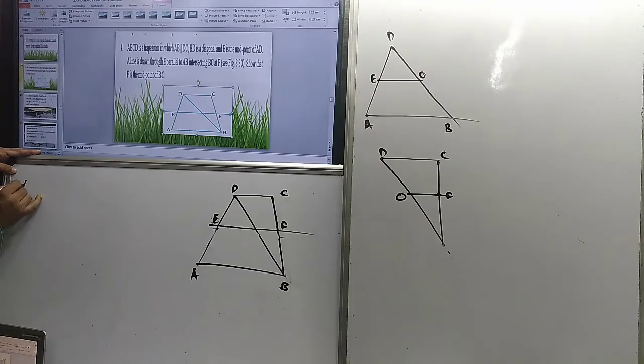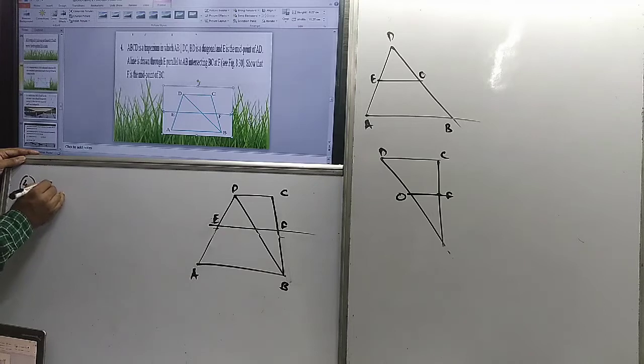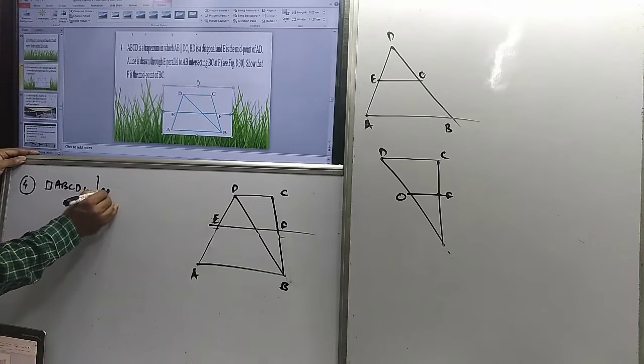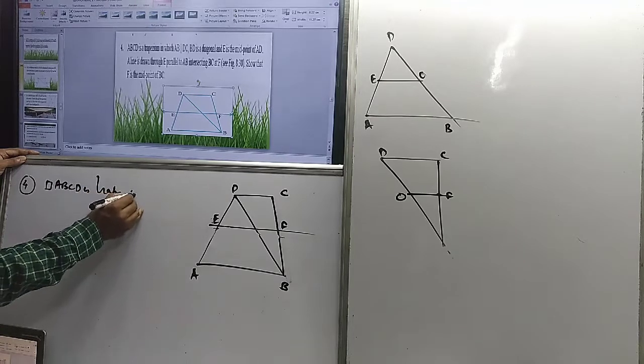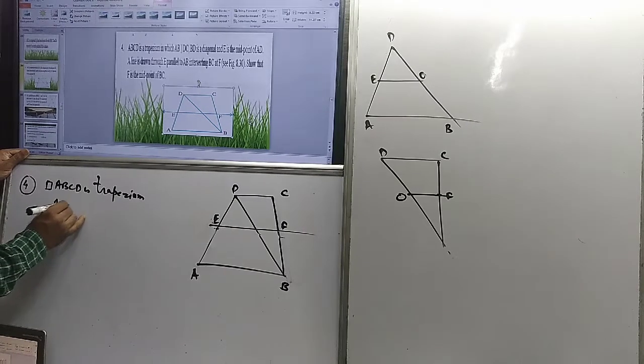In the fourth problem, what is given is that ABCD is a trapezium with AB parallel to CD. You know that trapezium means one pair of opposite sides parallel, so here AB is parallel to CD.